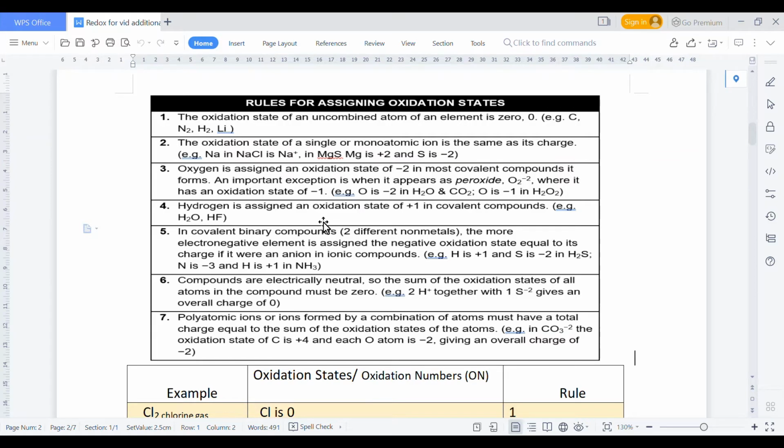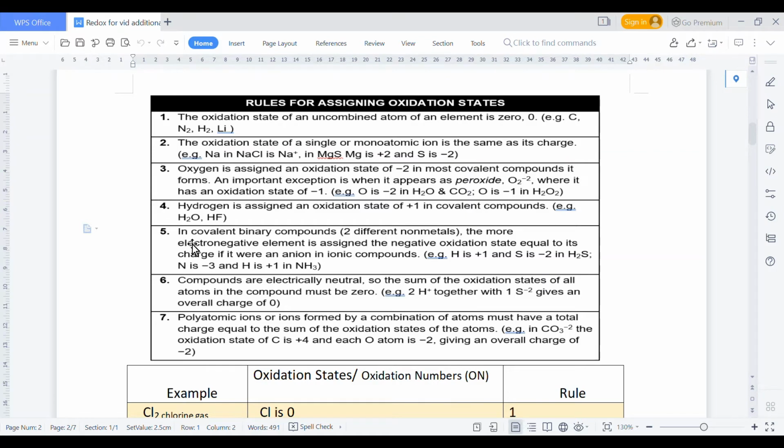An important exception is when it appears as peroxide, O2 minus 2, where it has an oxidation state of minus 1. For example, O is minus 2 in water and carbon dioxide, and O is minus 1 in hydrogen peroxide. Number 4. Hydrogen is assigned an oxidation state of plus 1 in covalent compounds, for example, water and hydrogen fluoride.